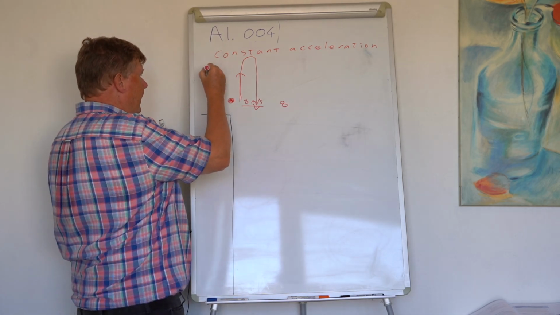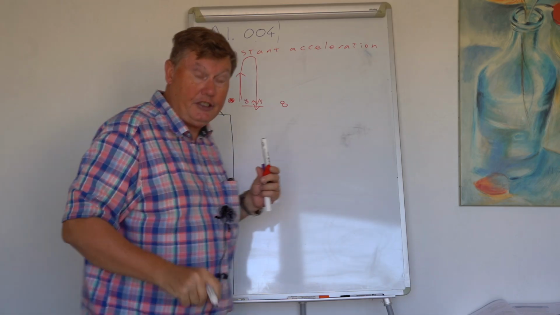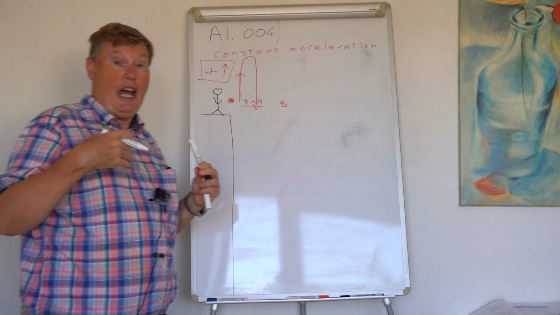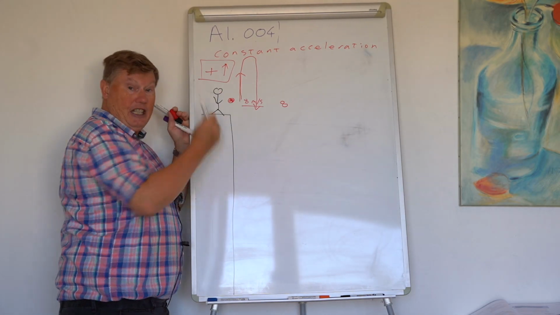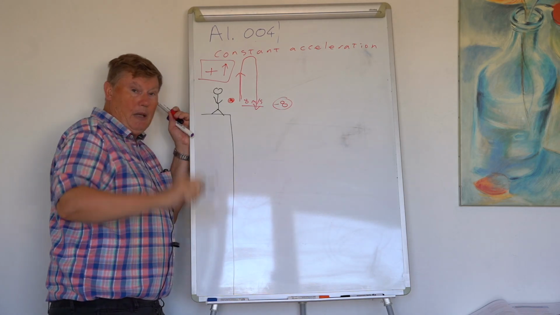So if we say that up is positive, and spoiler alert, for all projectile questions, I always work with up being the positive direction. So when it leaves, it's doing +8. When it comes back, it's doing -8.